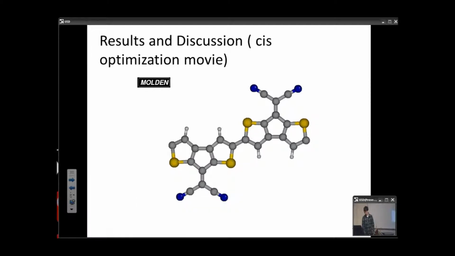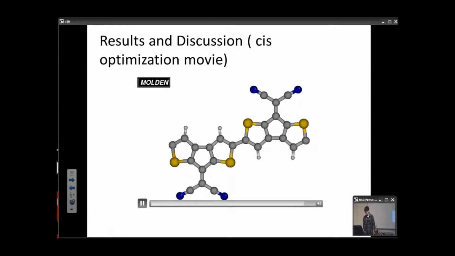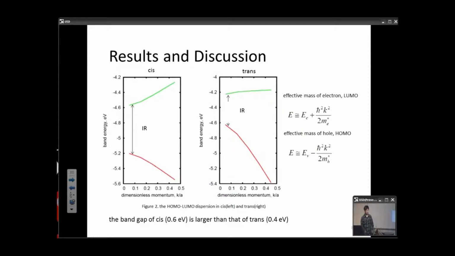And for the cis, you see it has a larger movement for the whole bond and molecule. So we can predict there could be a chance that the conductivity of this is worse than the trans.